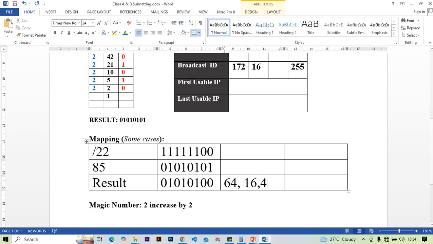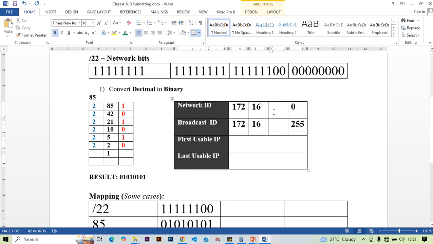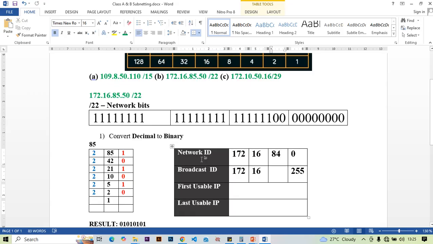So we write here 4. By adding these 64 plus 16 plus 4, this should give us 84. So 84 will be the network ID for this network that we have here.